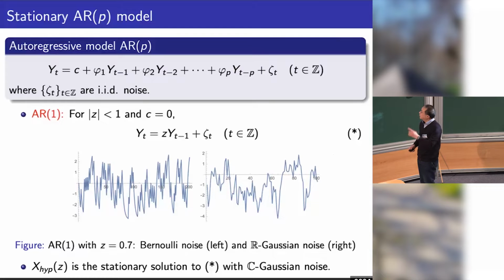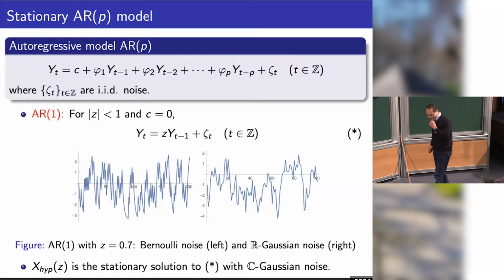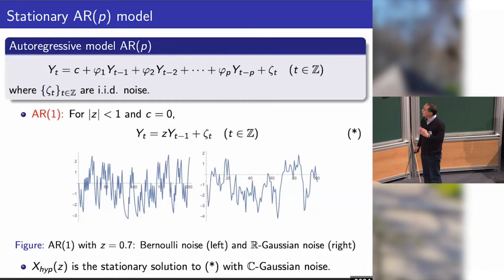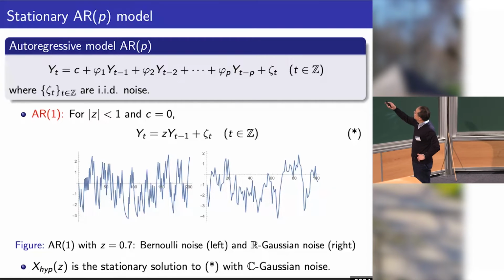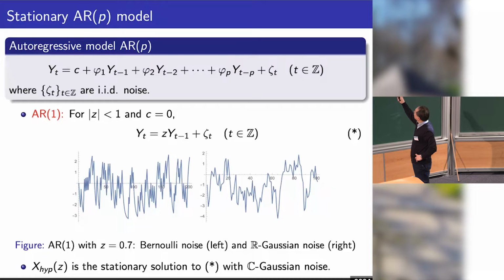Okay, and this is a little motivation of this talk. If you know about the autoregressive model, it is used in time series analysis, and this is called AR(p). Here y_t is a random variable depending on the past p values, and here you have noise.